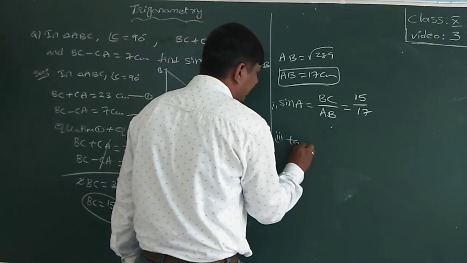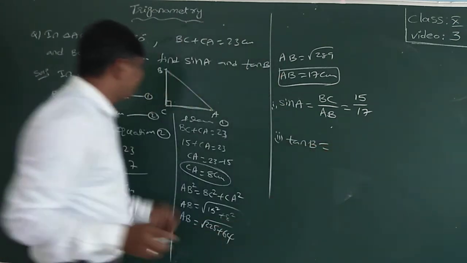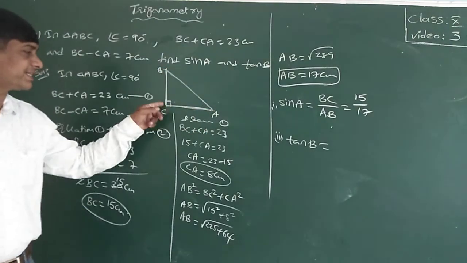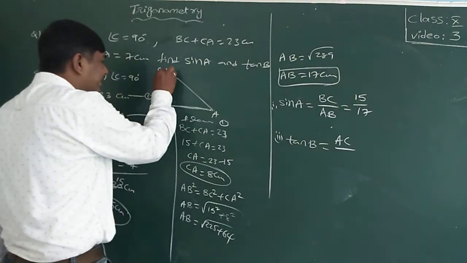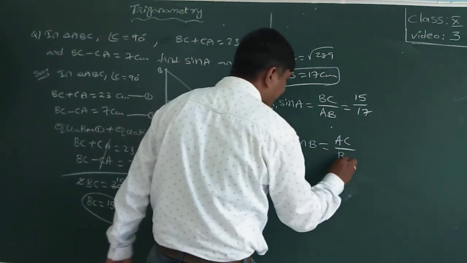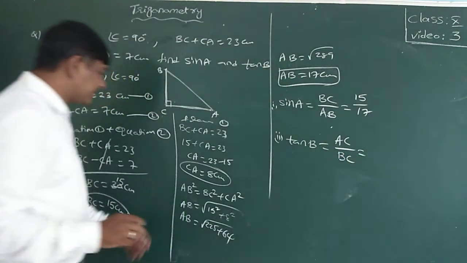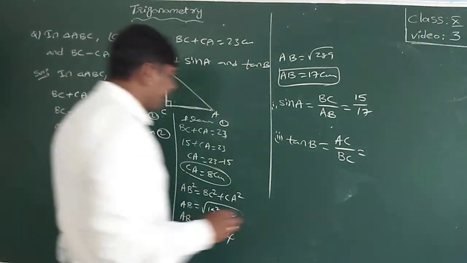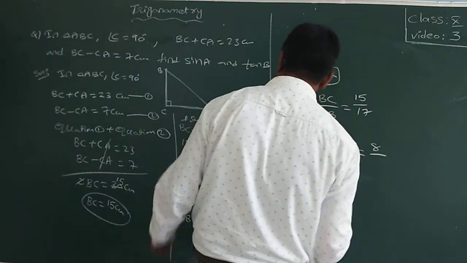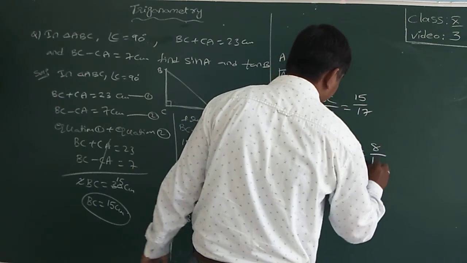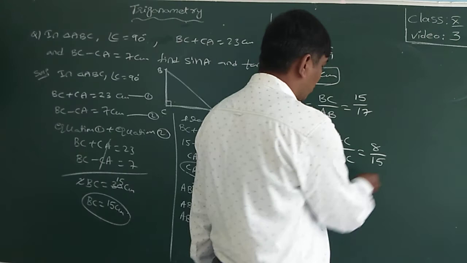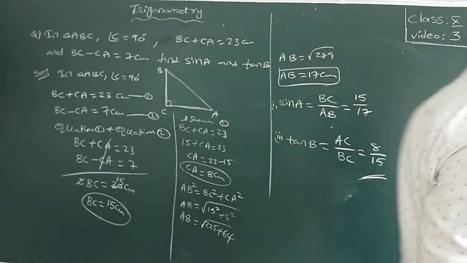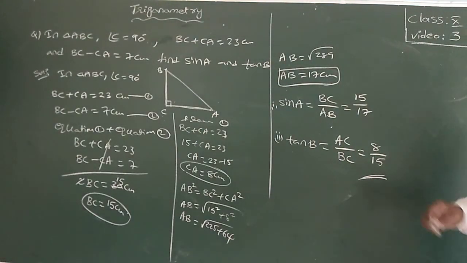Next one is tan B. Tan B means for angle B, the opposite side is AC and the adjacent side is BC. AC value is 8 centimeters by BC value 15 centimeters. Will you get any cancellation? No. So this is your solution. These are all general algebra calculations only.